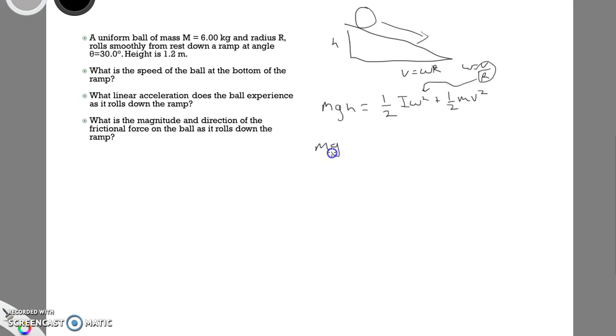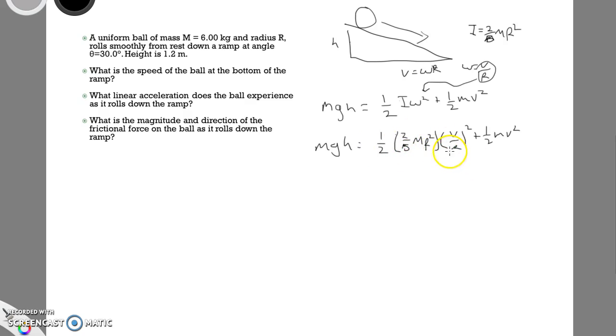Okay, so we get mgh equals 1/2 times, let's see, moment of inertia of a sphere would be equal to 2/5 mr squared. Okay, so 1/2 times 2/5 mr squared, and then we'll put the v over R, and we'll square it, plus 1/2 mv squared.